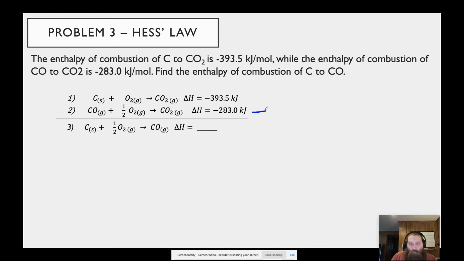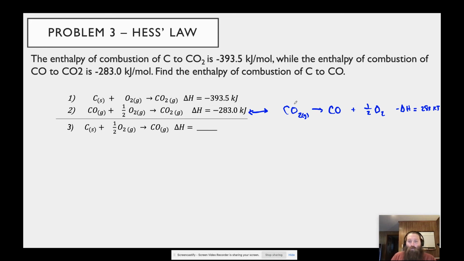Well, I'm going to flip this second reaction, and I'm going to make it CO2 as a gas decomposes, breaks down, uncombusts, which obviously we know is not true, but in theory, the math tells us if it's negative going one way, it'll be positive going the other to give us CO plus 1/2 O2, where delta H is now negative delta H, so that's going to be 283 kilojoules. So anytime you flip a reaction, you have to flip the sign on delta H.